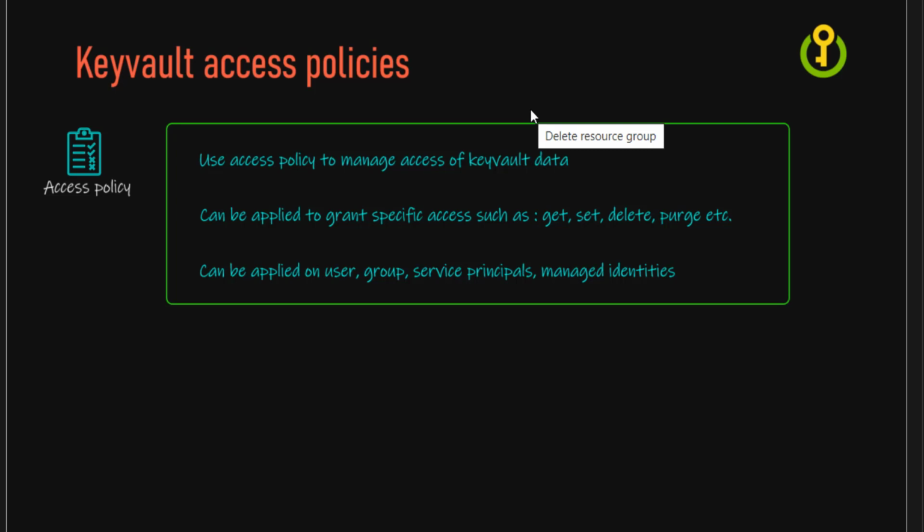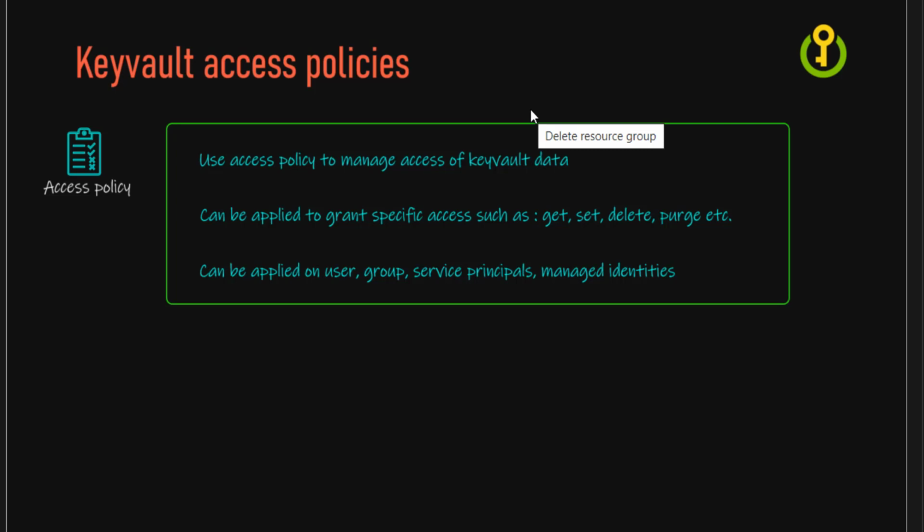The other limitation with the access policy is that once you apply an access policy with a permission, it will be applicable to all the data of your key vault. For example, if you apply an access policy to a specific user with get and list permission to read secrets, it means that user would be able to read all the secrets available within that key vault.